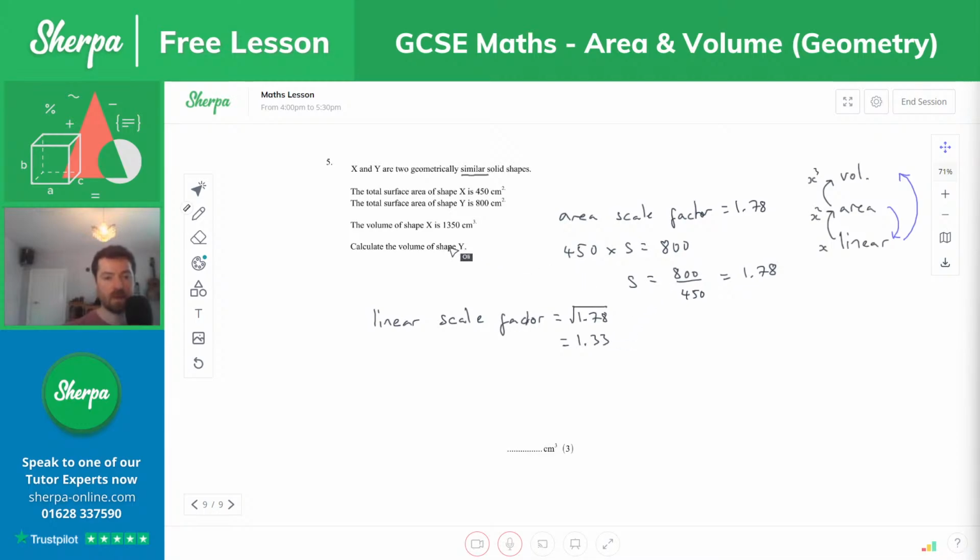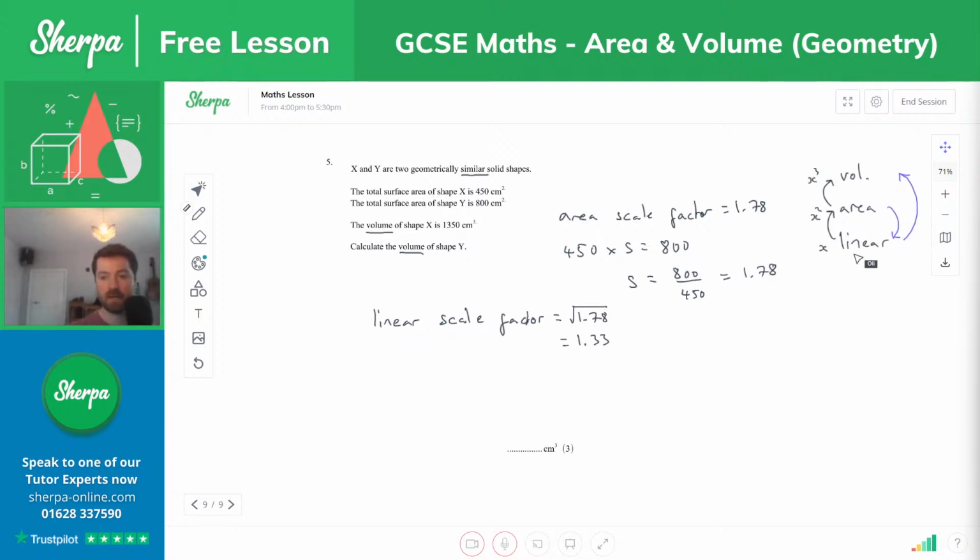Now, if I want to focus on the final part of this question and work out the volume, we're told the volume of shape X, and I want the volume of shape Y. I've done the first bit of my journey, going from area down to linear.